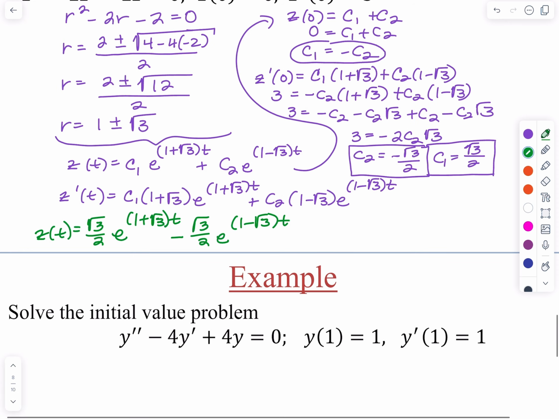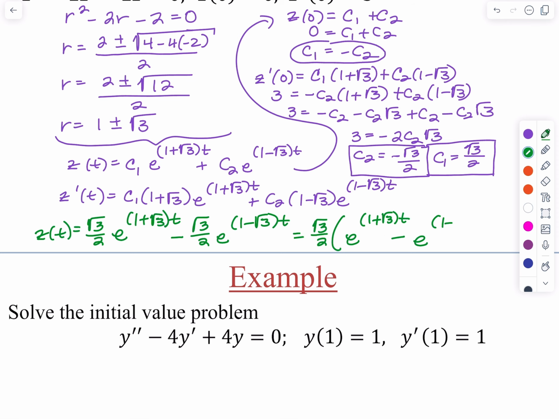We could go ahead and factor that square root of 3 over 2 out, and you can see that we have e to the 1 plus root 3 t minus e to the 1 minus root 3 t.